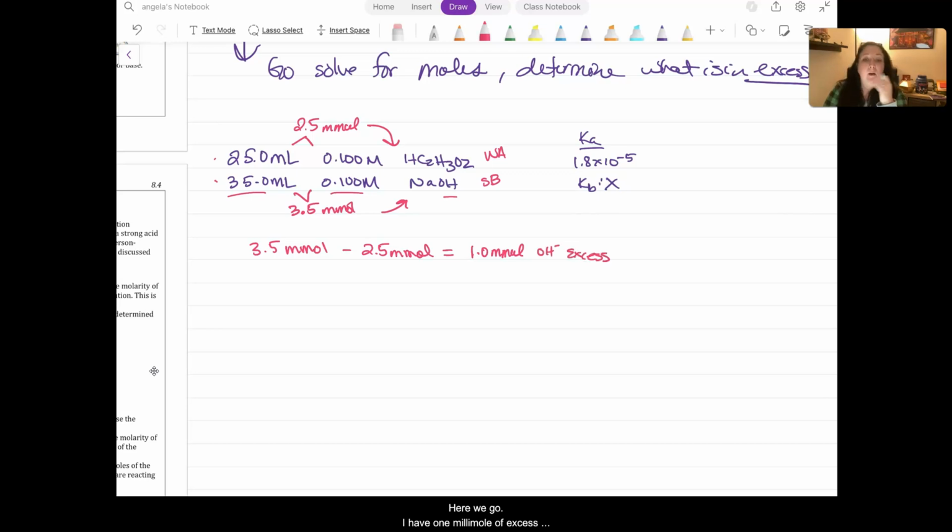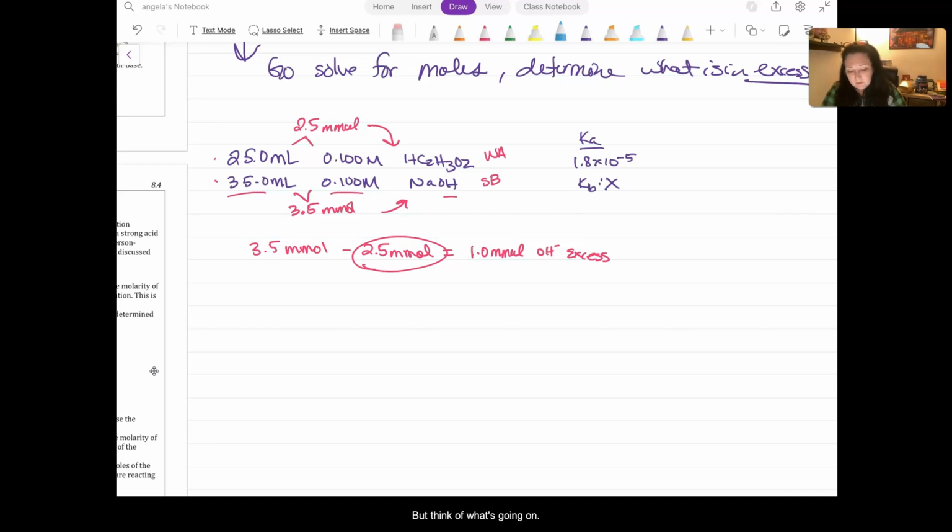I have 1 millimole of excess base, which is NaOH, but I'm just going to go ahead and write the OH minus because that's what matters. The Na plus isn't doing anything right now. It's just floating around. It's the OH minus that I care about. So the 3.5 millimoles minus the 2.5 millimoles: 2.5 millimoles went off to go make water somewhere. And most of those are going to stay intact as water. But the 1 millimole that's left over is my hydroxide ion. Okay, great. So now I have my moles. I have 1 millimole of hydroxide ion in excess.